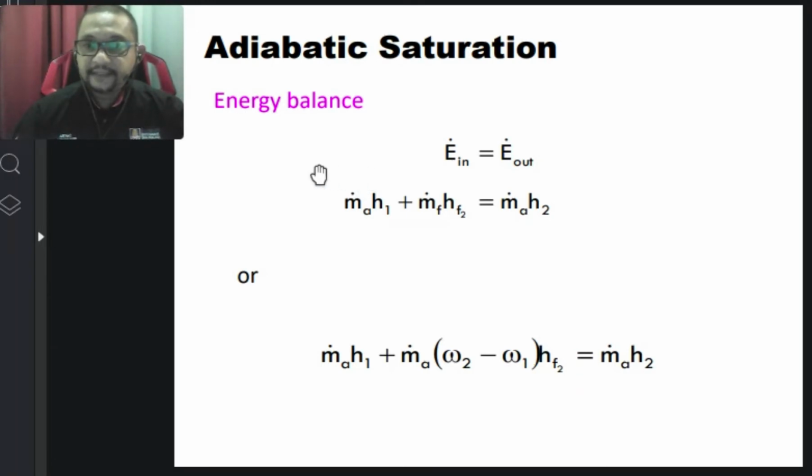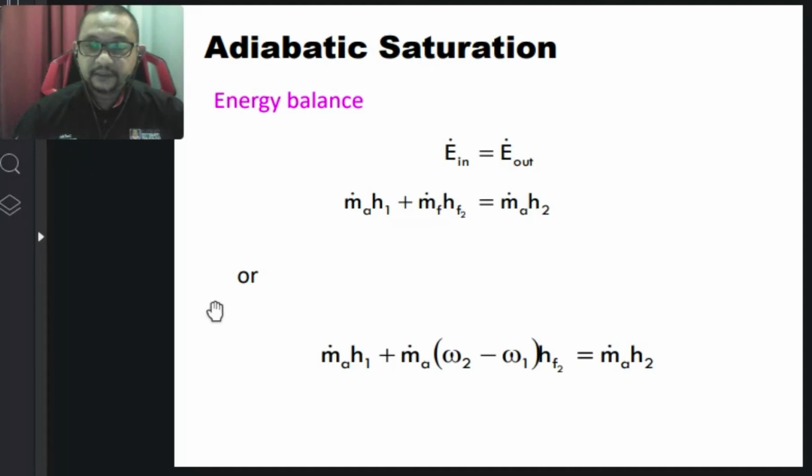So the rate of energy in is m dot a times enthalpy h1 plus m dot f hf2, which is equal to m dot a h2.